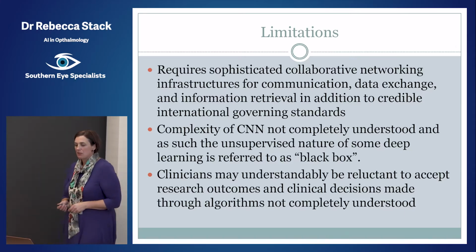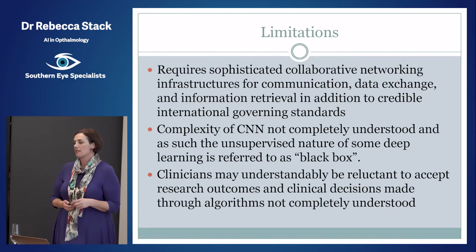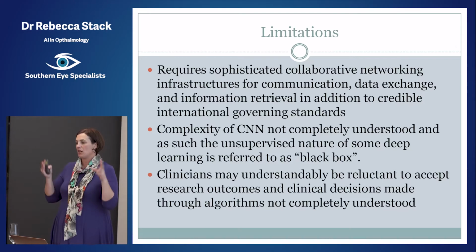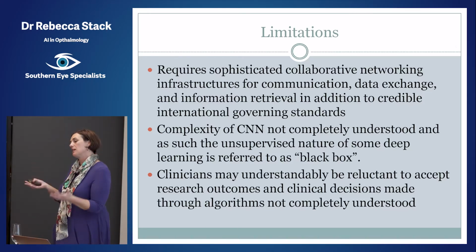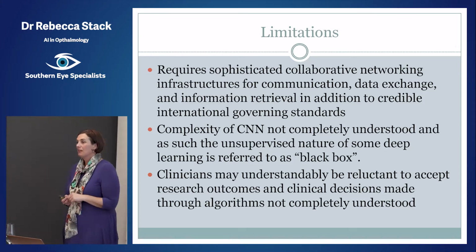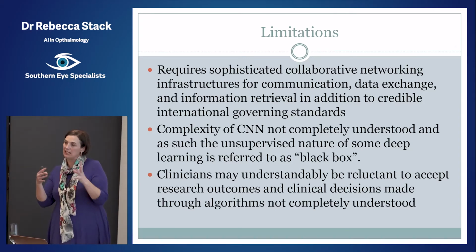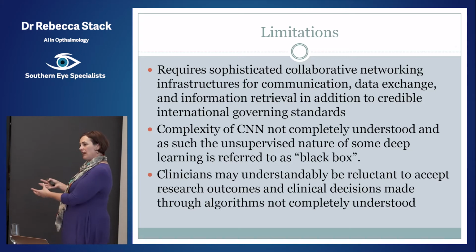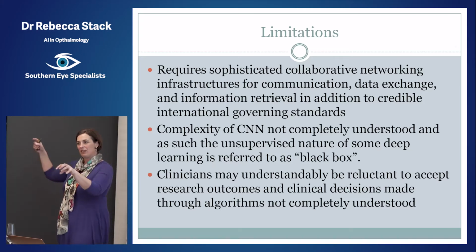I didn't really go into the difference with these deep learning systems, but there are two kinds. One where you feed all the information in and you know the outcome that you expect, and the computer learns, and then when you present it another image, it can tell you what's going on. And then there are these black box systems where you're giving the computer information and it's learning all the stuff that you haven't really told it, and then it's giving you an answer, and you don't know how it's got from the information that you've given it to the answer.